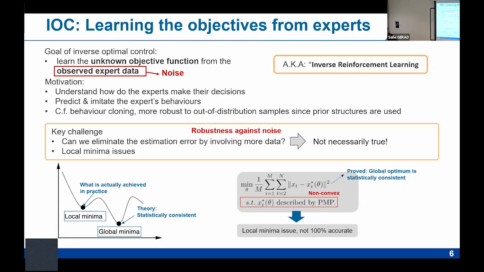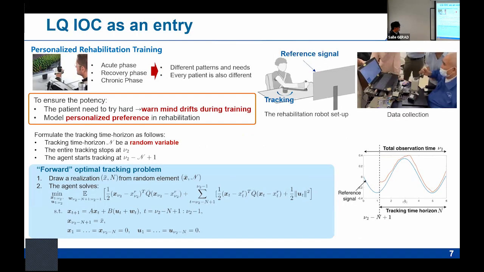If you end up with a non-convex optimization problem where everything is nonlinear, you can hopefully say your global optimum is statistically consistent, but what you actually attain in practice is some local minimum. Then this doesn't really make sense. Of course you can argue, but in practice it can never be achieved.